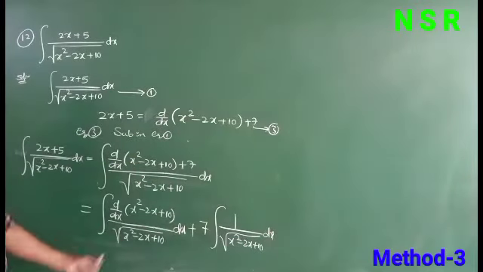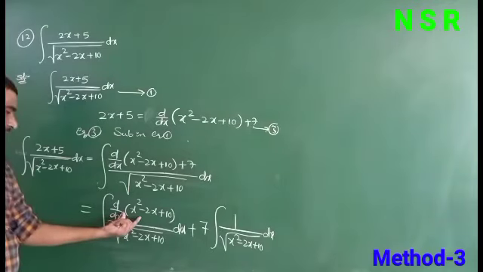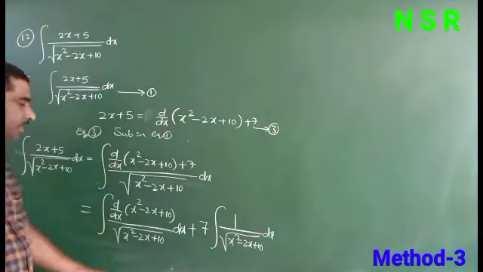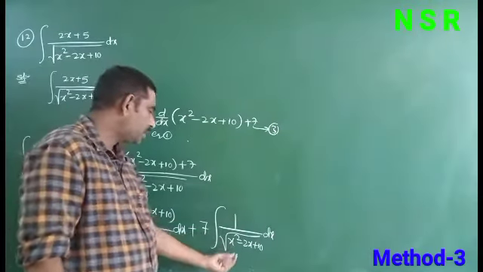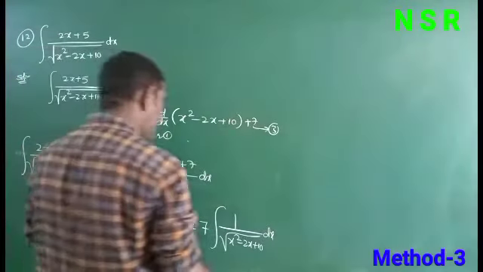Here we apply the formula for f dash x by root f of x, which is 2 root f of x. Now in 1 by square root of x square minus 2x plus 10, we simplify x square minus 2x plus 10 and change it into the form of x square minus a square or x square plus a square.